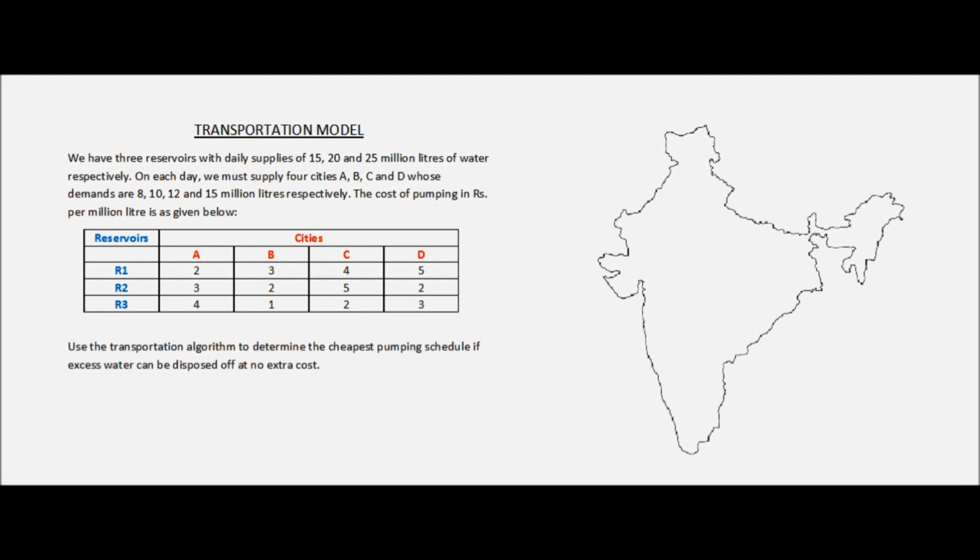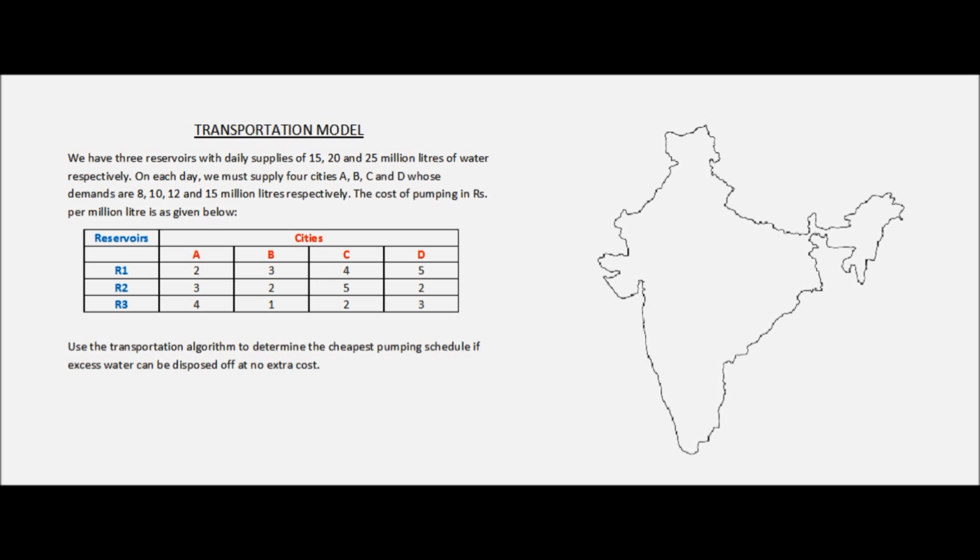Let's look at another example of transportation model. We have three reservoirs with daily supplies of 15, 20, and 25 million liters of water respectively.